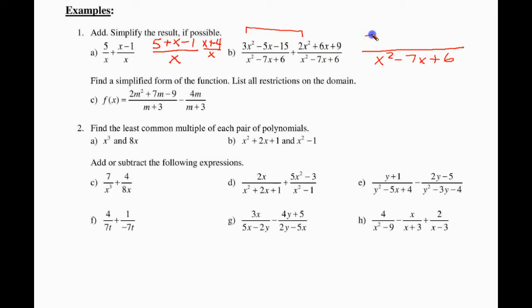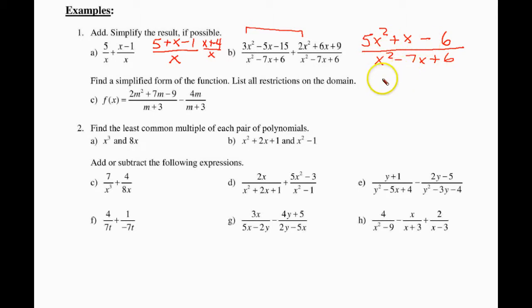So this is going to be 5x squared. I'm doing this mentally. This one and this one will give us a plus x. And this will give us a negative 6.